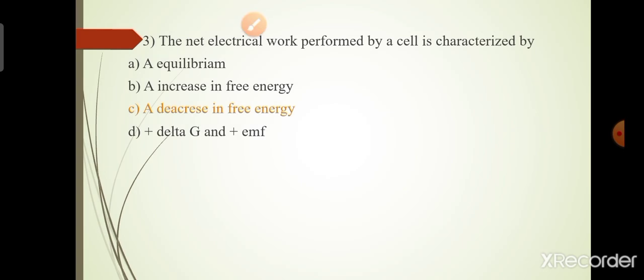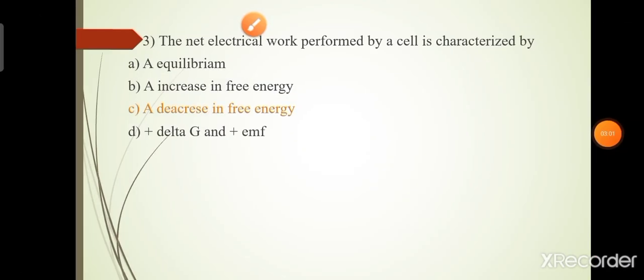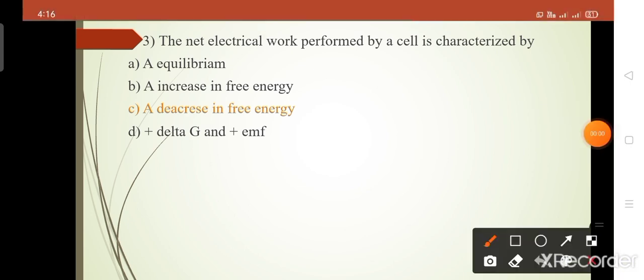Then the third one: the net electrical work performed by a cell is characterized by. The answer to this question is option C, because the free energy change must be equal to the electrical work performed by the cell.